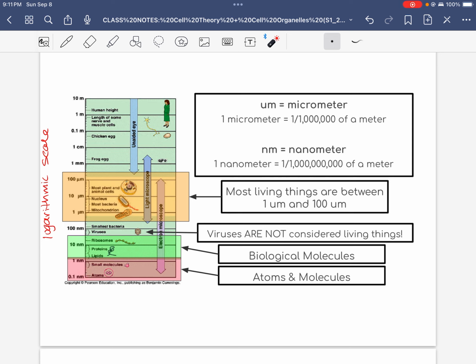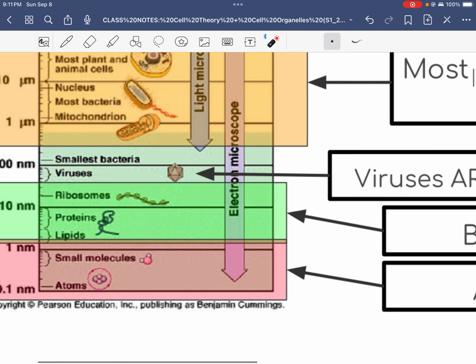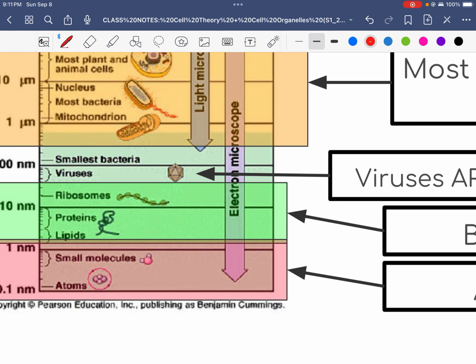As we go a little bit bigger into that 10 nanometer zone, we get larger macromolecules like proteins and lipids. These here are the biological molecules.